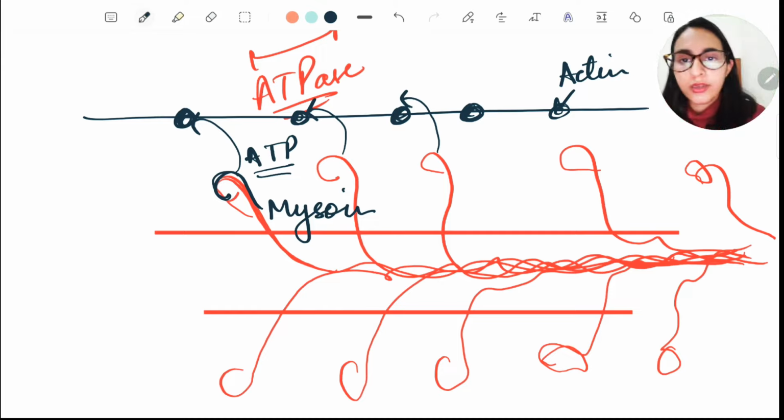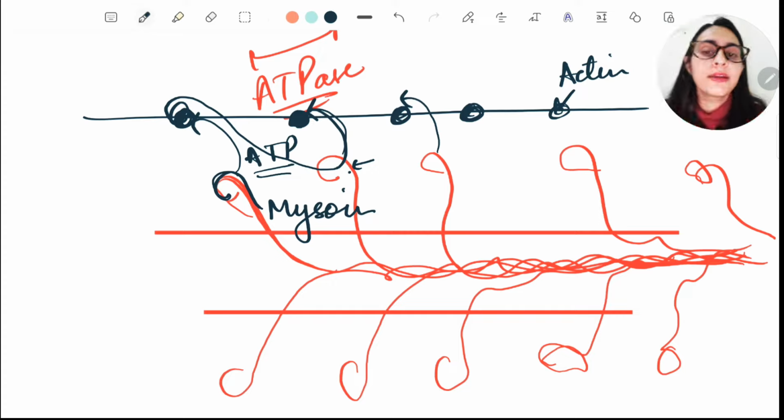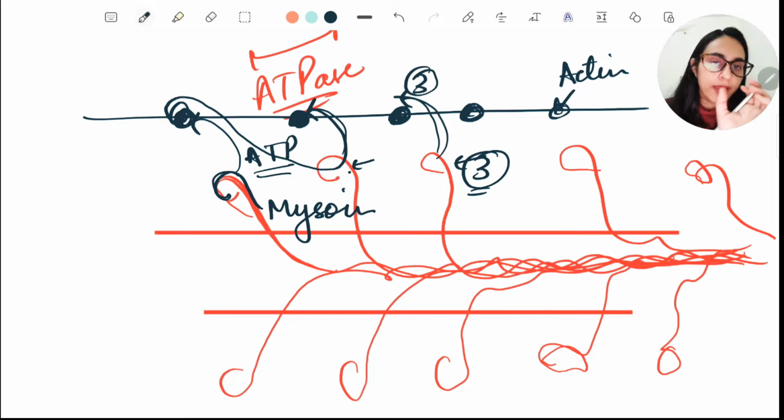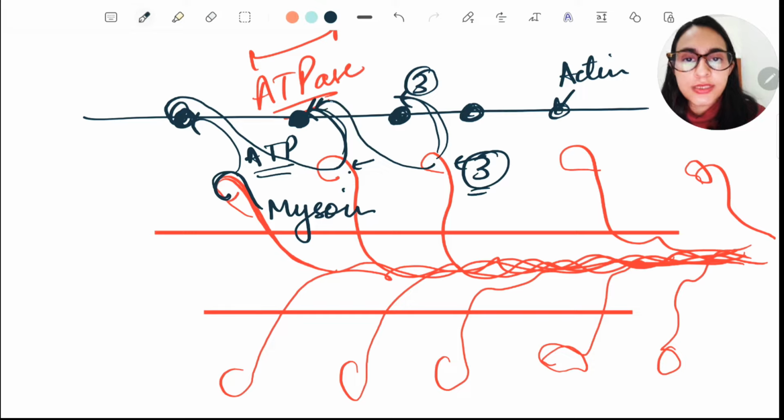Then they click. Suppose this one myosin head is attached to this actin filament, and then it detaches and attaches to the next actin filament. Suppose the third myosin head is attached to the third actin, and then it attaches and clings to the second actin, and this is how there is going to be contraction of the muscle.